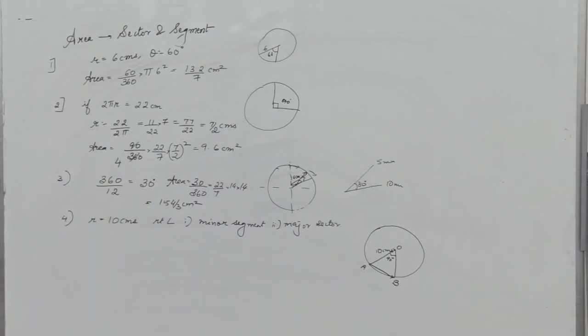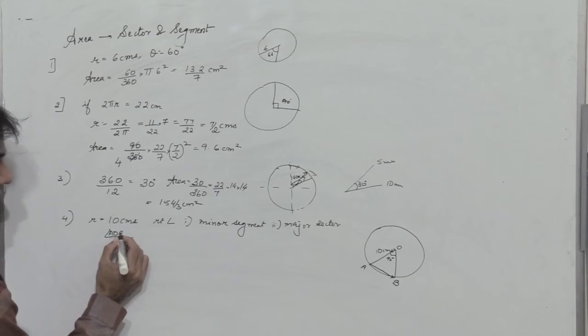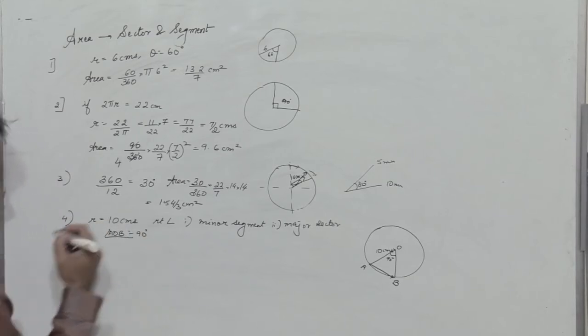So it has been given that a chord of a circle subtends a right angle at the center. So this angle is 90 degrees. So we are given that AOB is 90 degrees. Okay. So now we need to find the area of the minor segment and the area of the major sector.